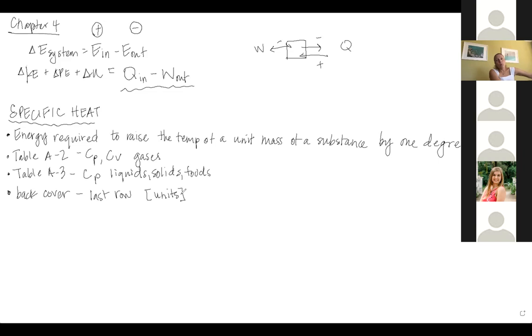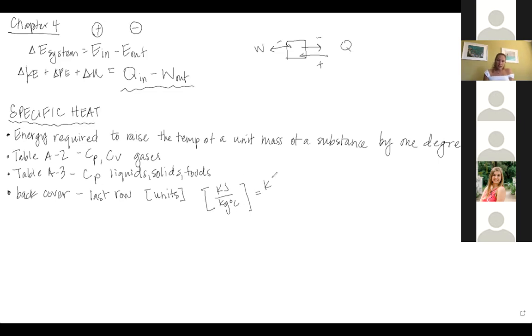So if you open the very back of your book, right here at the bottom of this page, it has units of specific heat. So the units that we're typically going to be working with are kilojoule per kilogram degree Celsius. So energy per mass to raise by a given temperature.